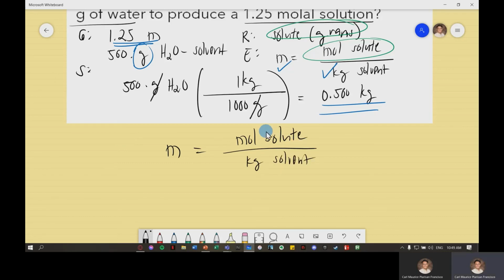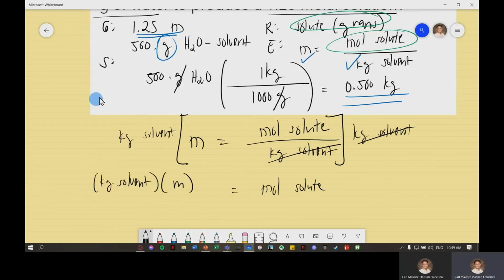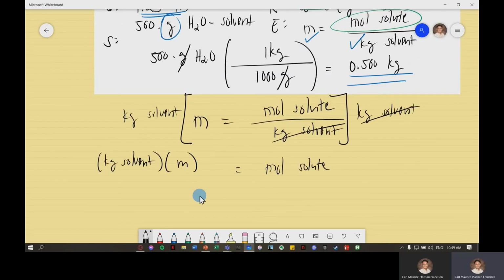That is very simple. What we need to do is multiply both sides by kilogram solvent. So now we have an equation for the requirement: moles of solute is equal to kilogram solvent multiplied by molality. Now that the kilogram solvent and the molality are already okay, we may proceed.